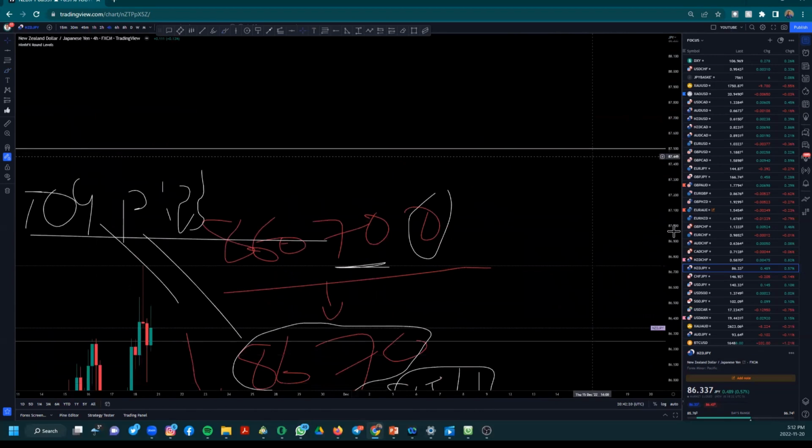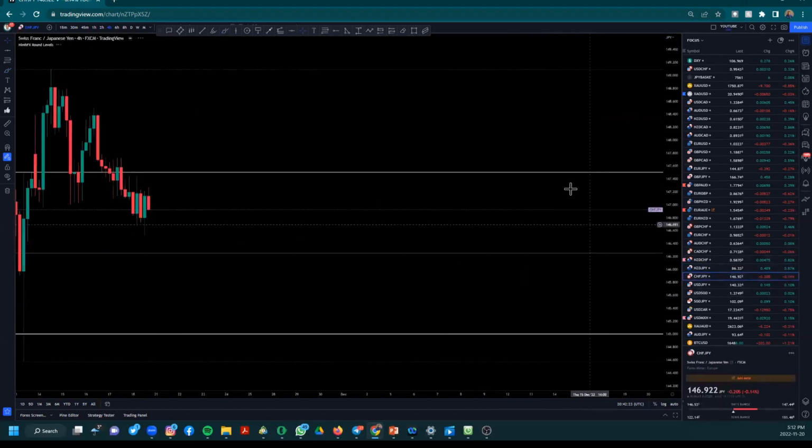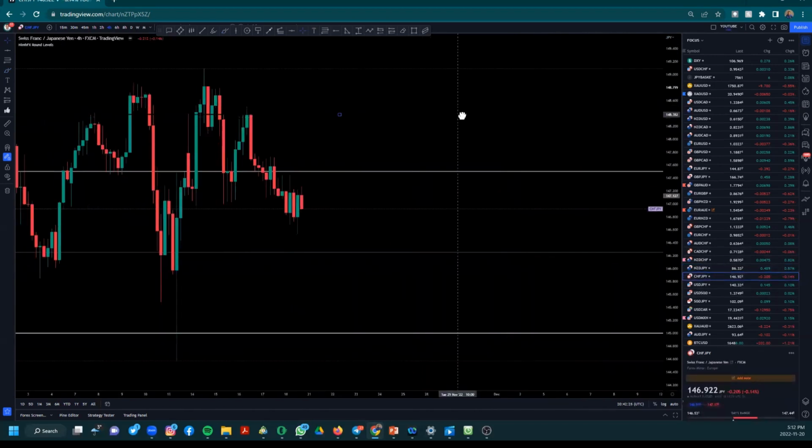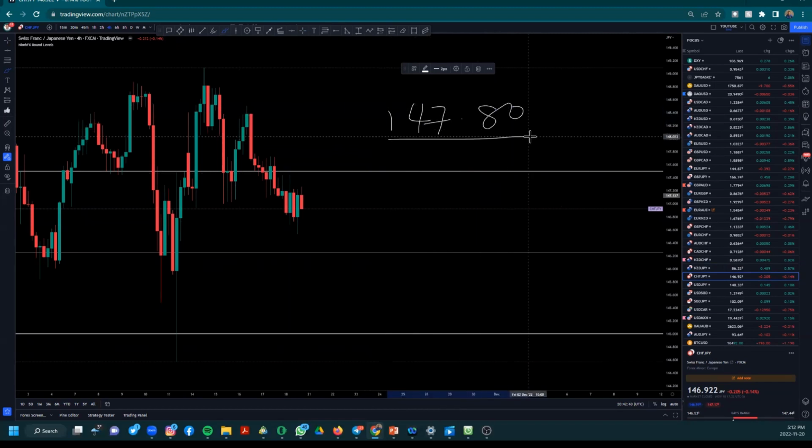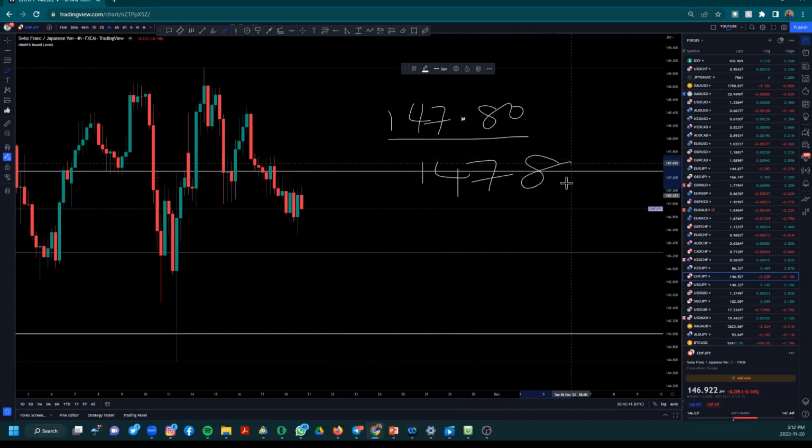So let's look at the other JPY pairs, CHF JPY. CHF JPY has 3 figures before the decimal point. So you have, for instance, 147.80. What you do is take this decimal point away, so it becomes 14780.